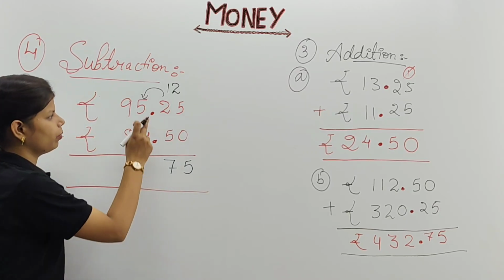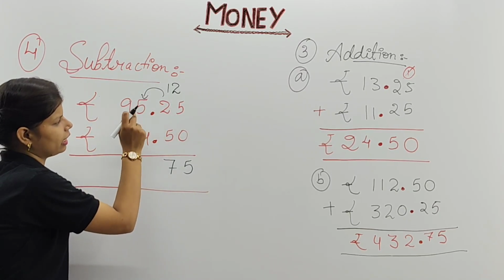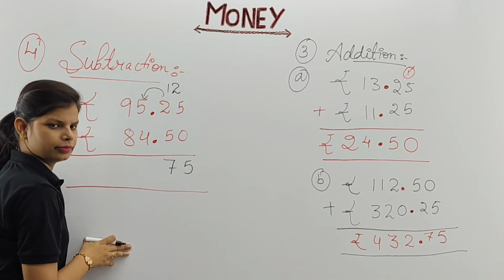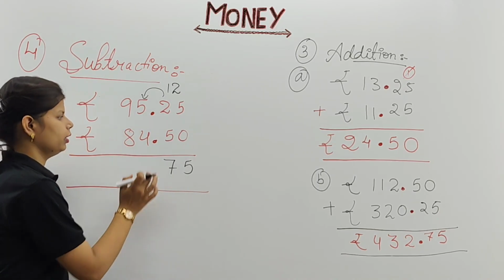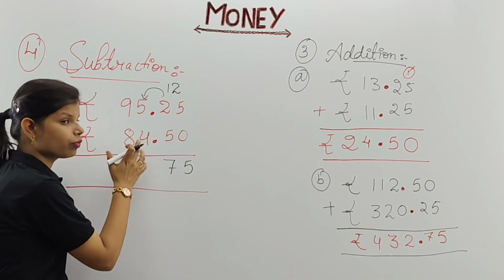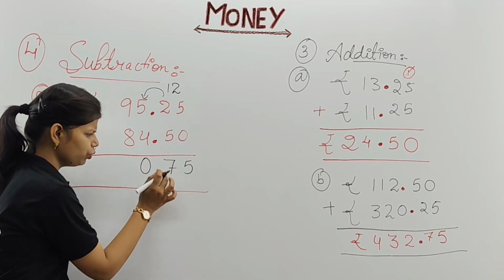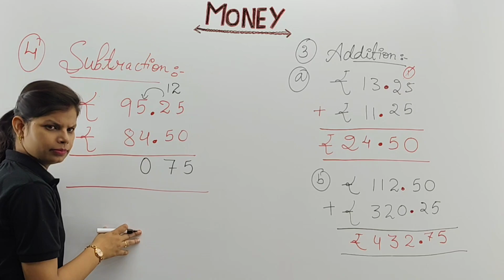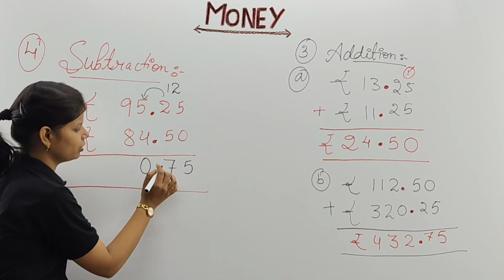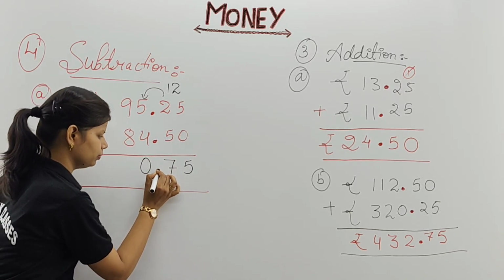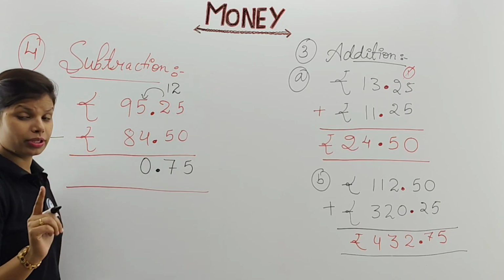Clear, no? Now, that 5 has given one, borrowed this one, then what number is left here? 4. And when you are subtracting 4 from 4, what will you get? You will get 0. But do you think I am doing justice here? No. Because I have not put this decimal point here. So please don't forget to put this decimal point.